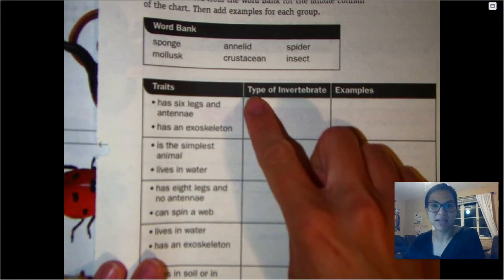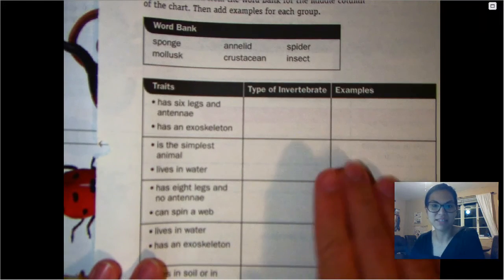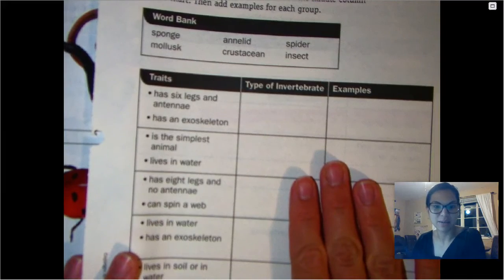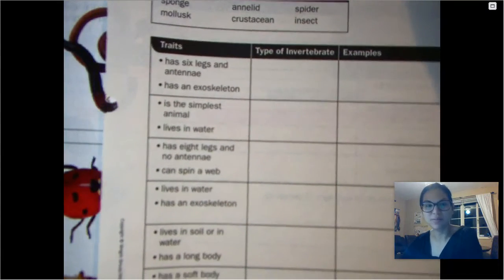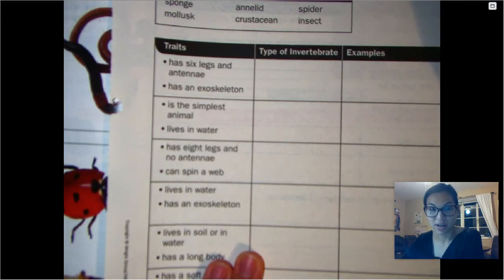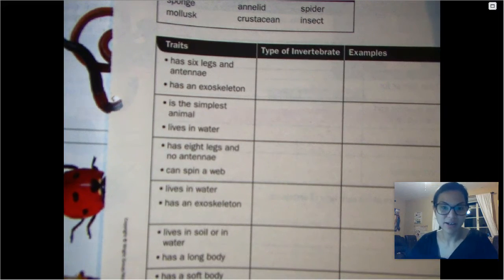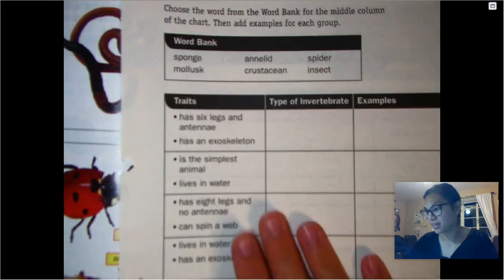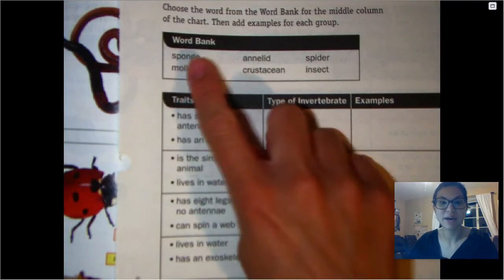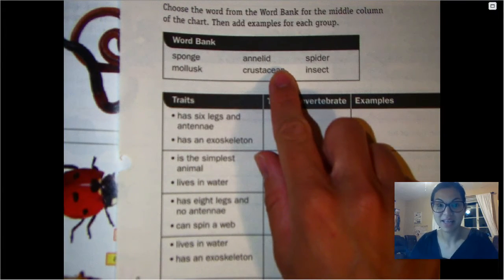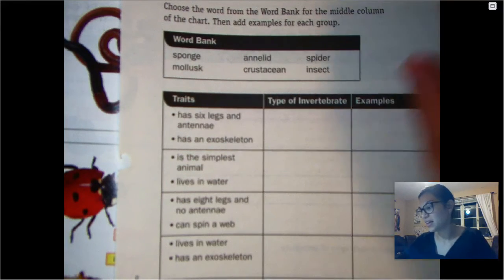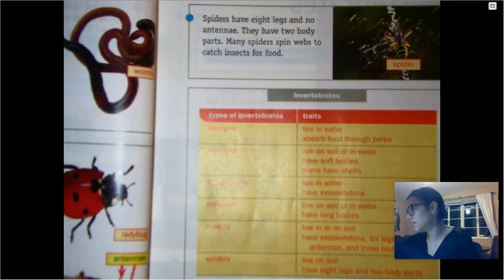You have a word bank and you need to provide those examples of the type of invertebrate with the example. Like I said, you're more than welcome to complete this chart by using the information that we're covering today, or you can use the word bank and write a sentence about each type of invertebrate, okay? As long as you're showing me work that shows me that you understand what an invertebrate is and what each type is, then we are good to go, okay?